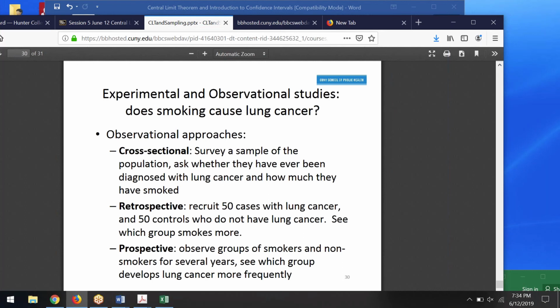And of the people that don't have lung cancer, how many of them worked with nickel? You would expect more people who worked with nickel among the 50 cases with cancer versus the 50 people who didn't have it, right? So that would be a retrospective study.